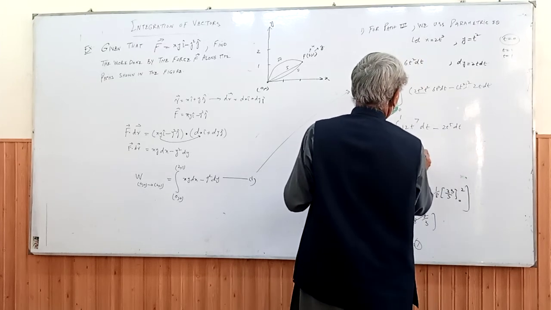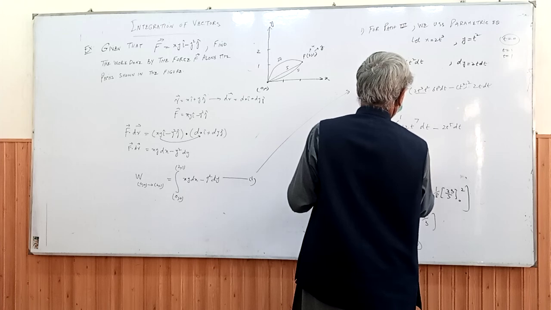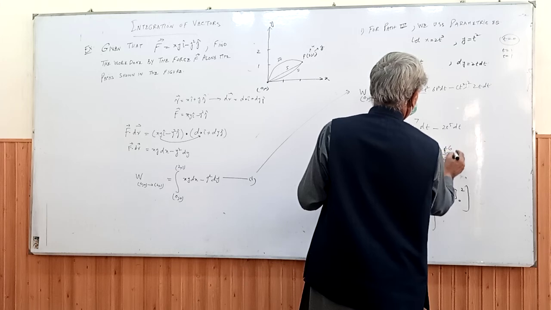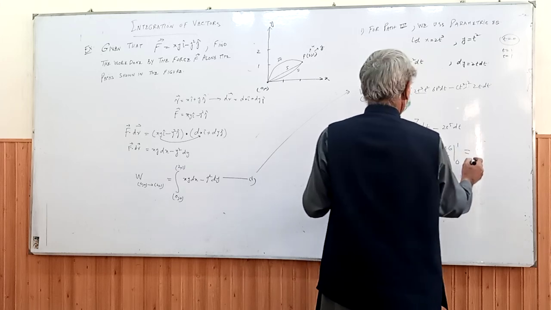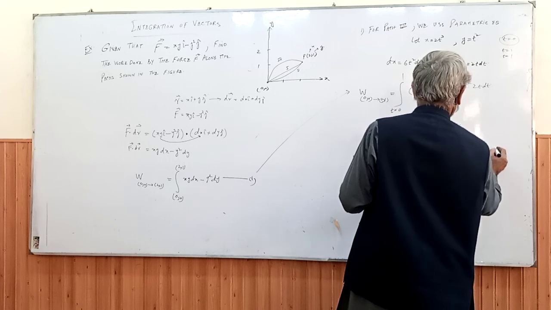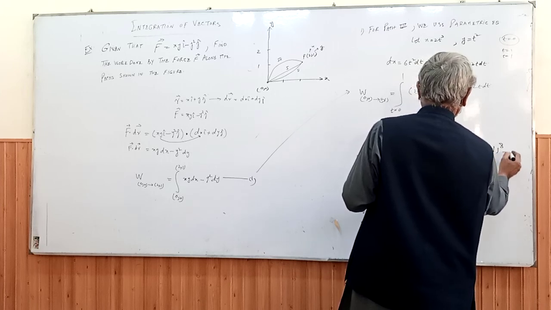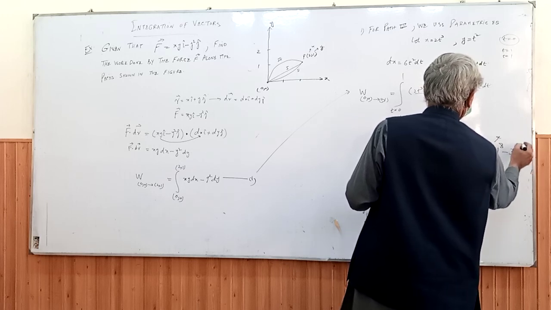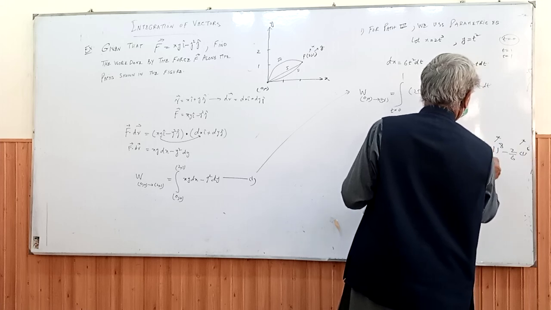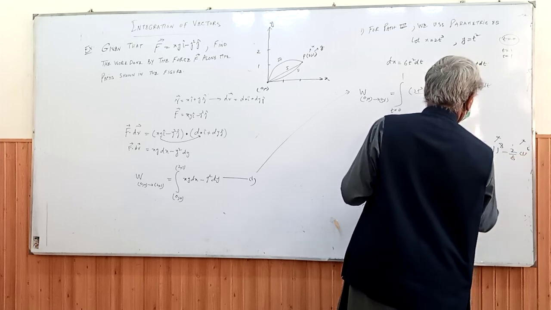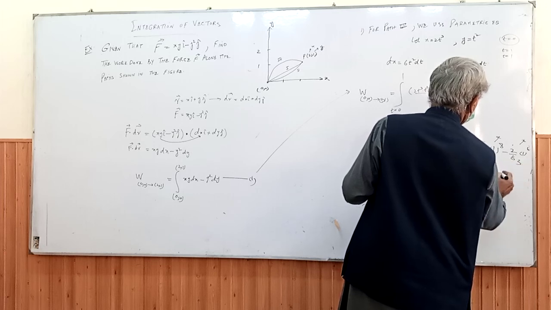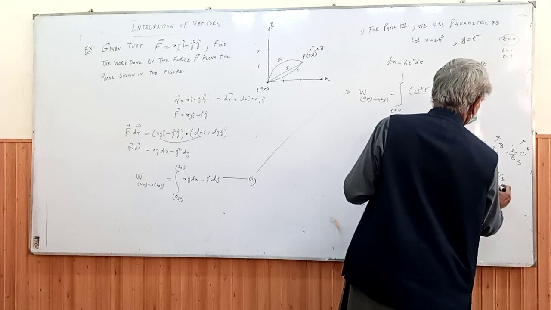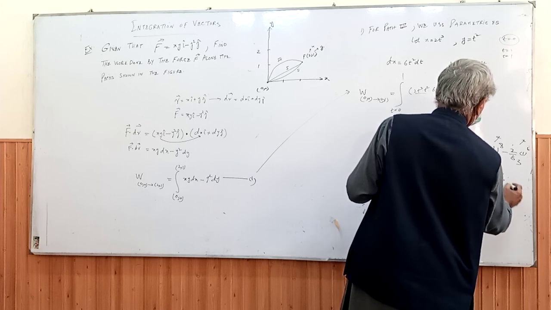Now it is t8 over 8 into 12 minus 2t6 over 6, from 0 to 1, and this will give you 12 over 8, 1 raised to the power 8, minus 2 over 6, 1 raised to the power 6. This is 1, this is 1. So 3 by 2 minus 1 by 3, you have the answer is 7 by 6.